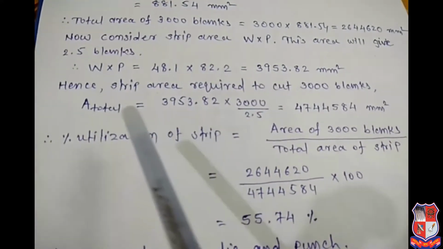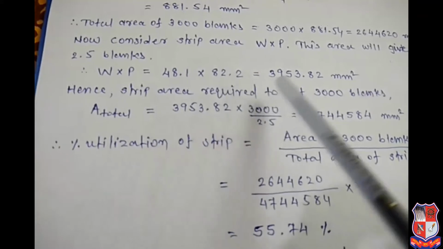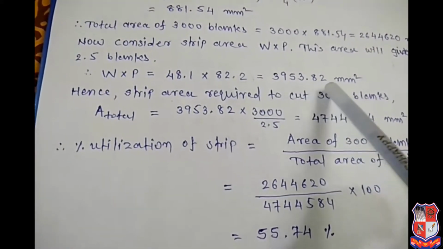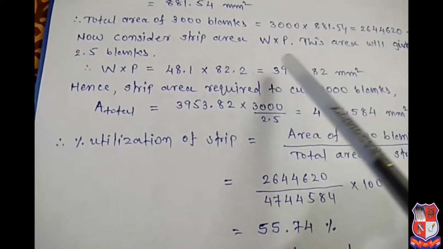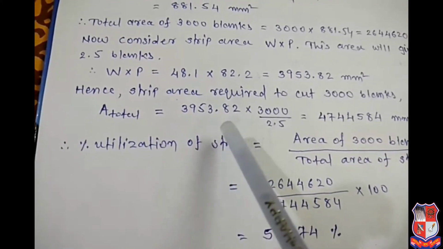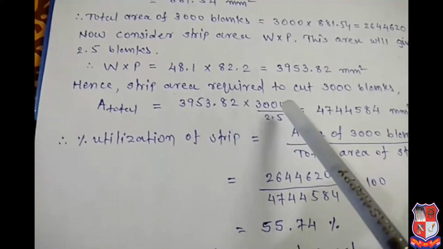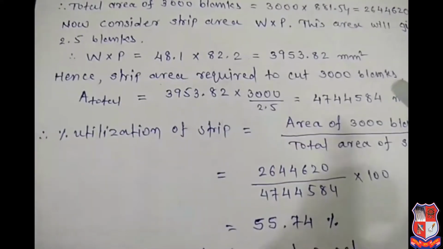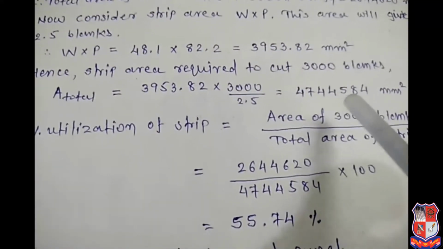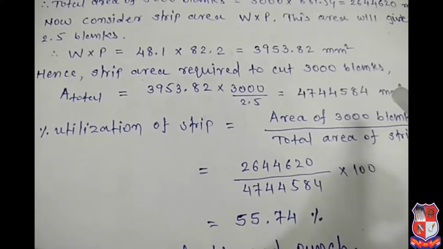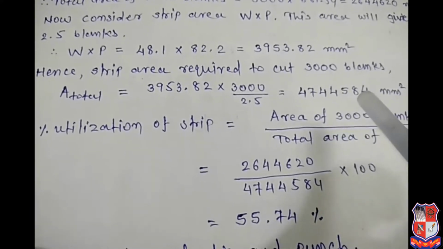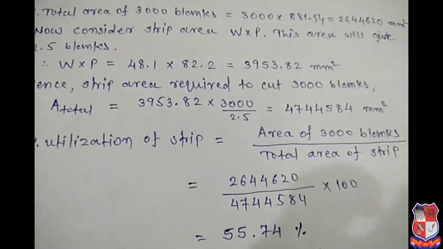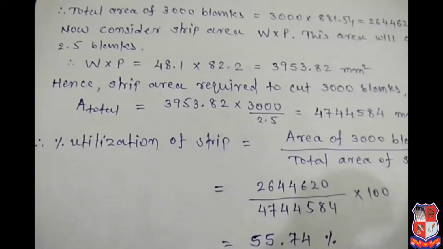Now as I told you, this area will give you 2.5 blanks. So if we need to cut 3000, total area of sheet material required is 4744584 mm square. So if I consider this amount of area, we can cut 3000 pieces.